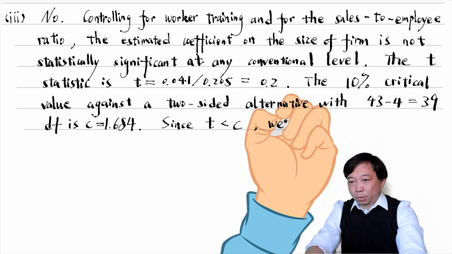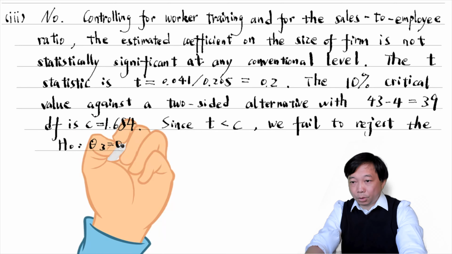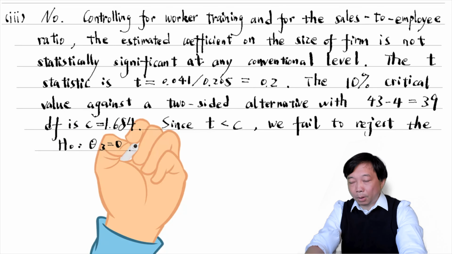The 10% critical value against a two-sided alternative with 39 degrees of freedom is 1.684. Since the t-statistic is below the critical value, we could not reject the null hypothesis that theta 3 is 0. In other words, the size of the firm has no statistically significant effect on the scrap rates.